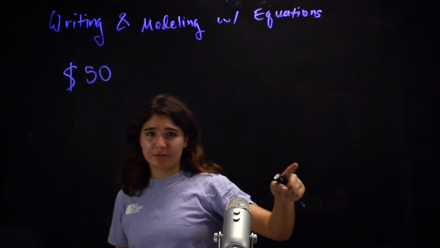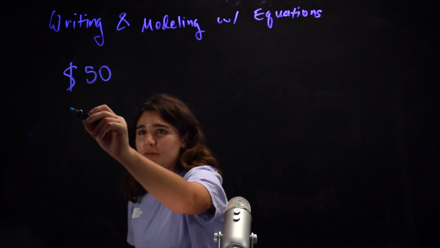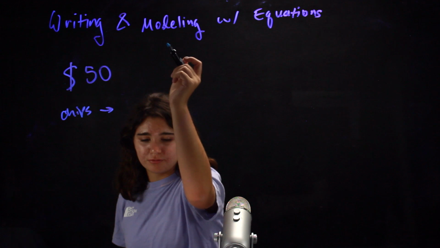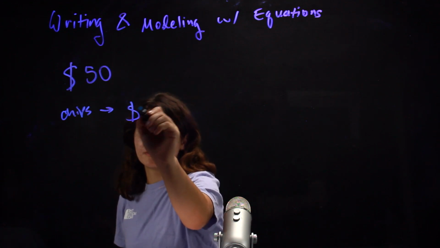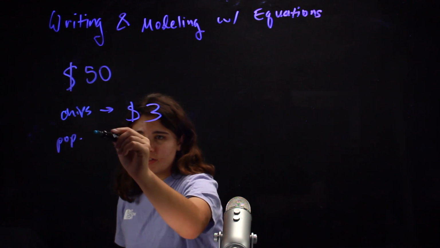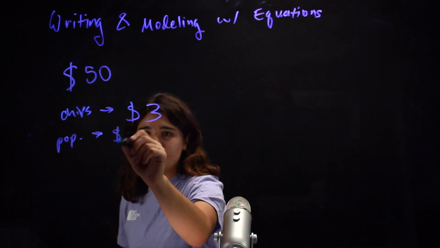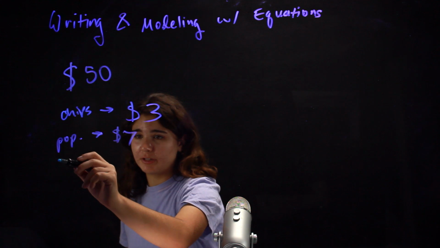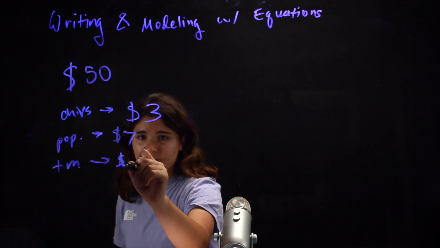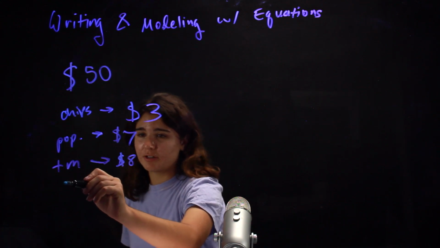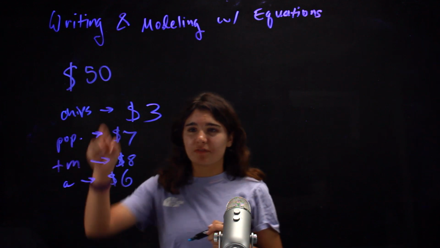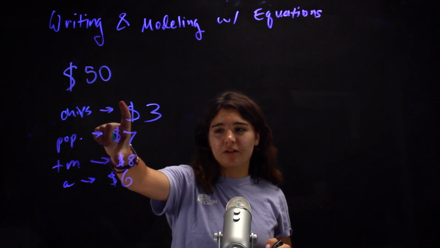Potato chips, I'll just say chips, cost $3 a bag. Popcorn costs $7. Trail mix costs $8. And the dried apricots cost $6. So, you have this budget, and you need to buy all of these things.